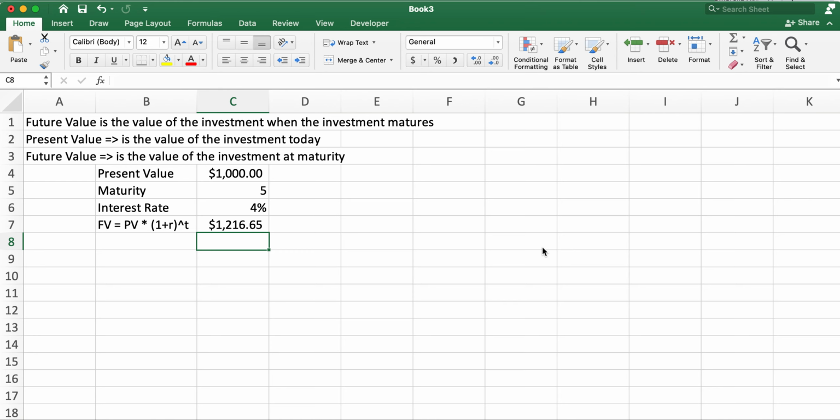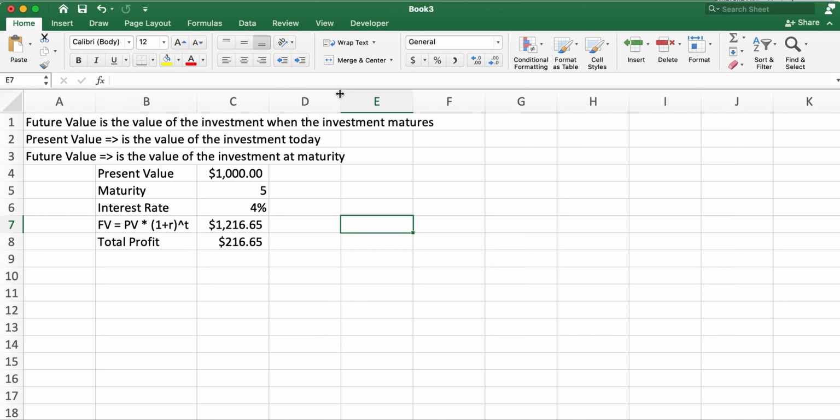Woohoo! I know you're thinking, wow, we've made a lot of money. So our profit then becomes our future value minus our initial value. We'll say total profit.